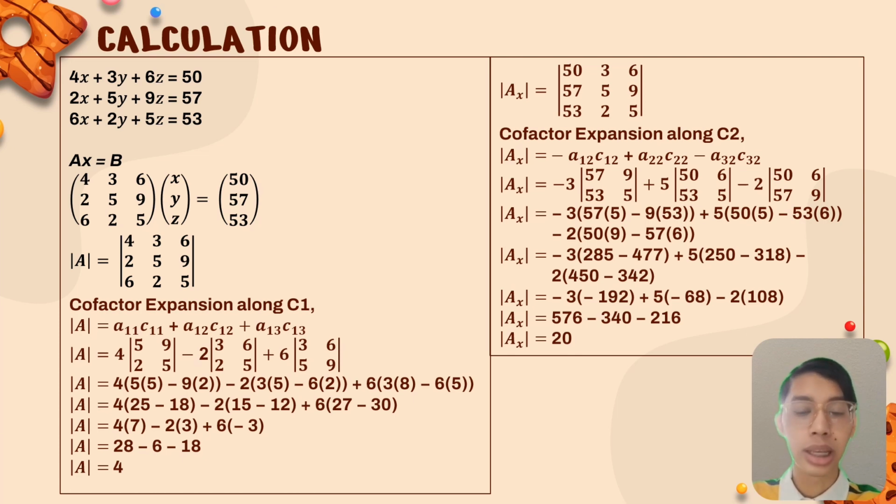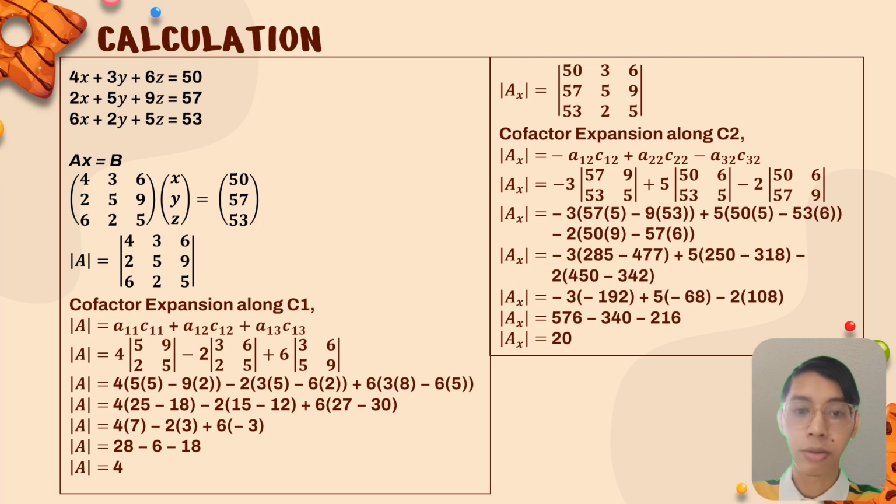And we need to expand each one and subtract. Then for the result we got 4 multiplied by 7 minus 2 multiplied by 3 plus 6 multiplied by negative 3. We expand it again and get 28 minus 6 minus 18. And the answer for the determinant A is 4.